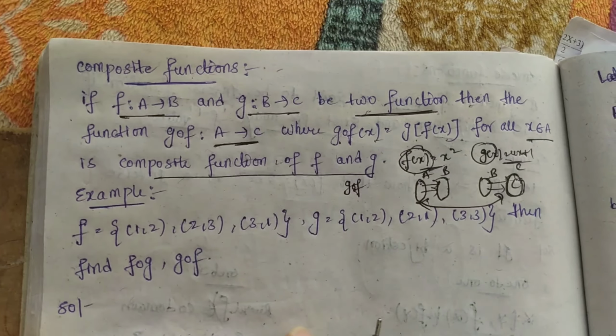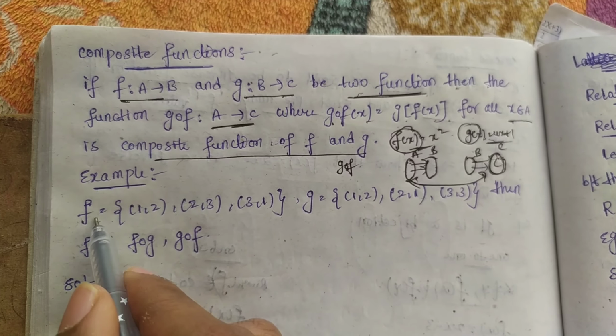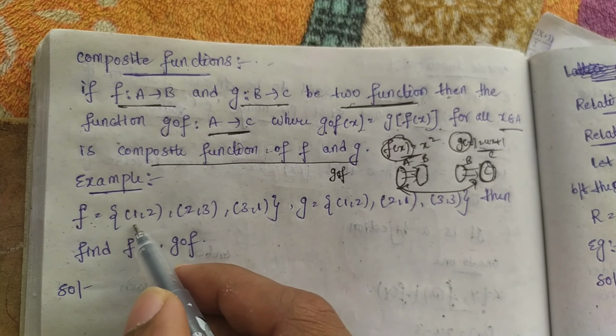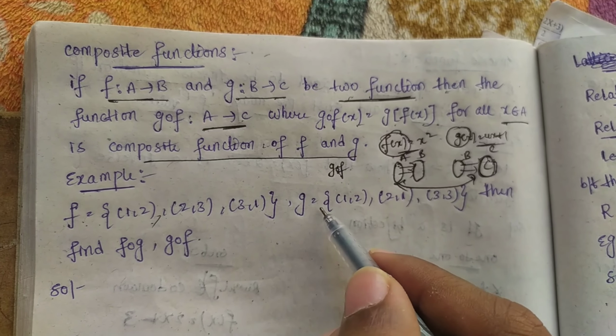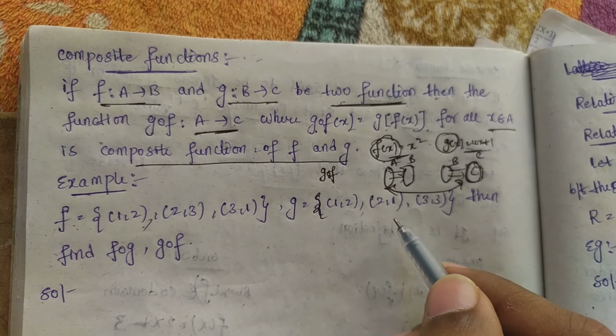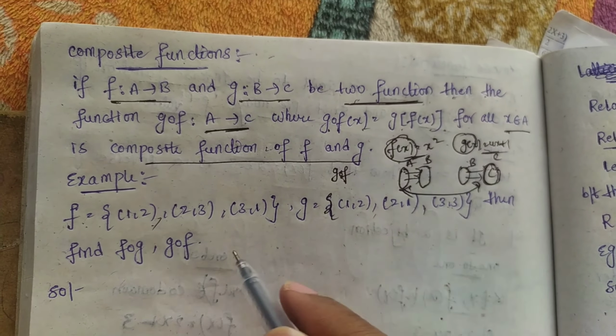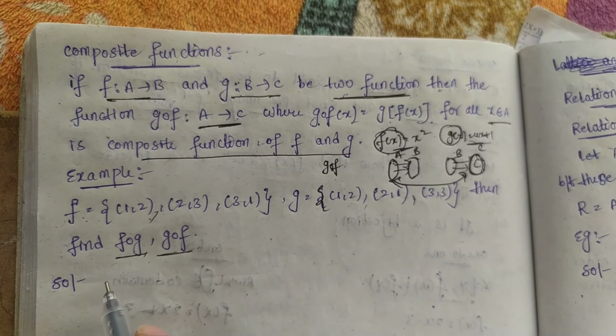Let us take an example and understand it clearly. Given f = {(1,2), (2,3), (3,1)} and g = {(1,2), (2,1), (3,3)}. Then we have to find f circle g and g circle f.